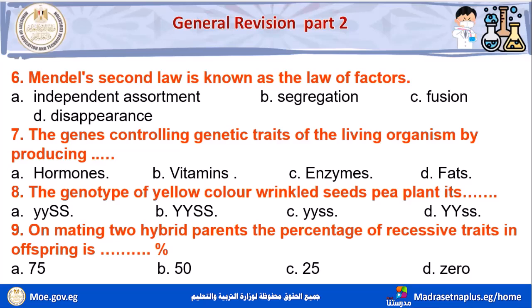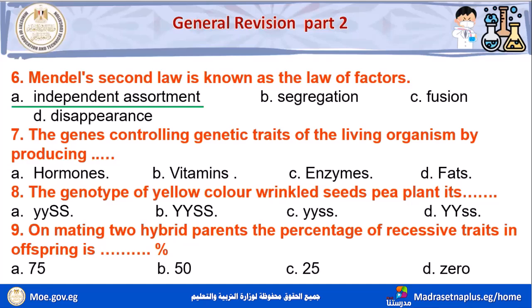Letter B, segregation. Letter C, fusion. Letter D, disappearance. Mendel's second law is known as the law of independent assortment.